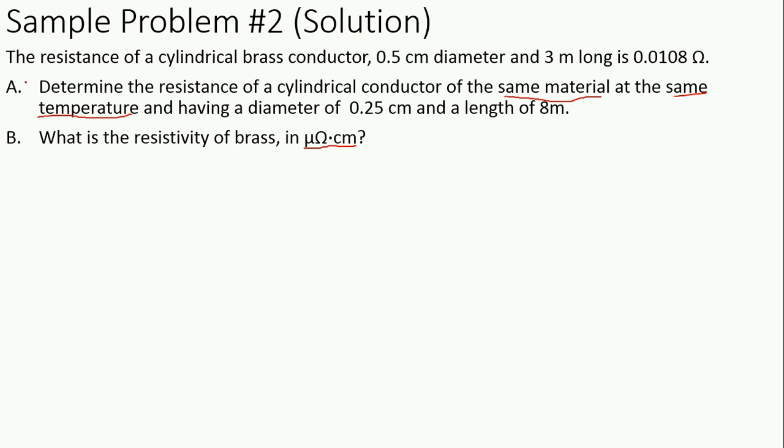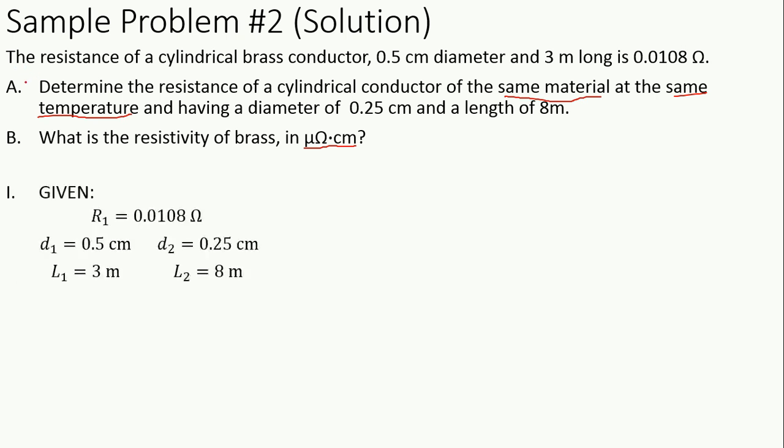The first step is, of course, to determine the given and target variables. By observing the problem, we are given two sets of dimensions. We denote those sets as 1 and 2 respectively. So we have R1, D1, and L1.